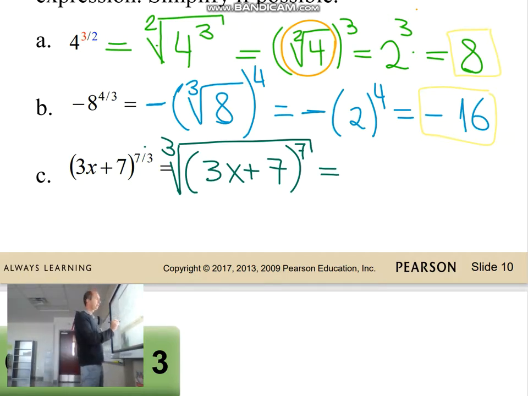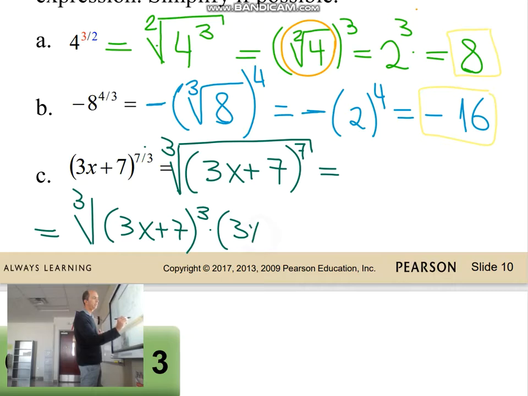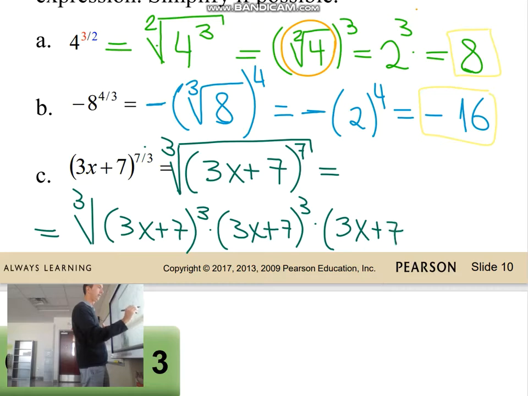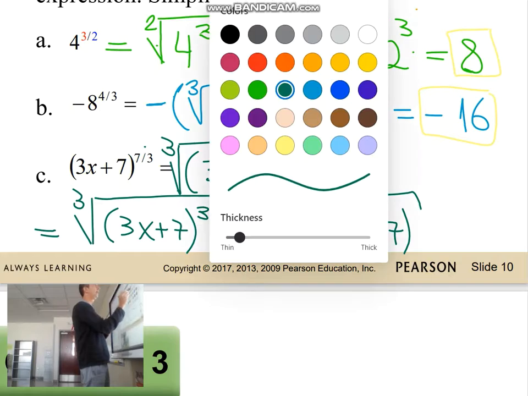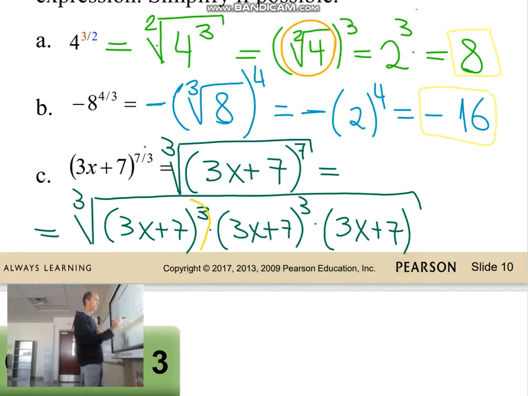We can rewrite this. Let me write here 3x plus 7 exponent 3 times 3x plus 7 exponent 3 times 3x plus 7. This is just for you to understand, because you can do it in a simpler way. You can understand that this we can remove from the roots, right?